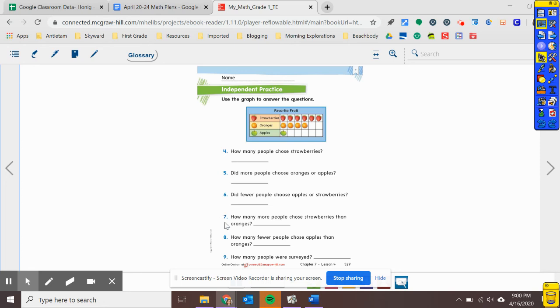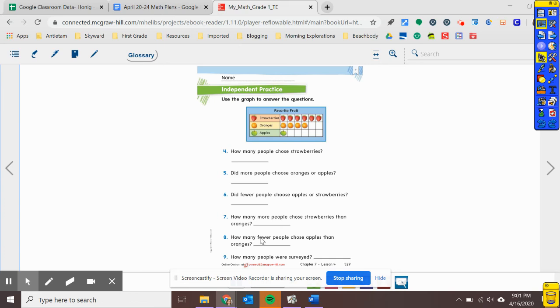Number 7, how many more people chose strawberries than oranges? There are your words. How many more? They tell you you need to do what? Write that over here and then write your answer on the line. Pause, solve it, and then unpause when you're ready to move on. Number 8 says, how many fewer people chose apples than oranges?